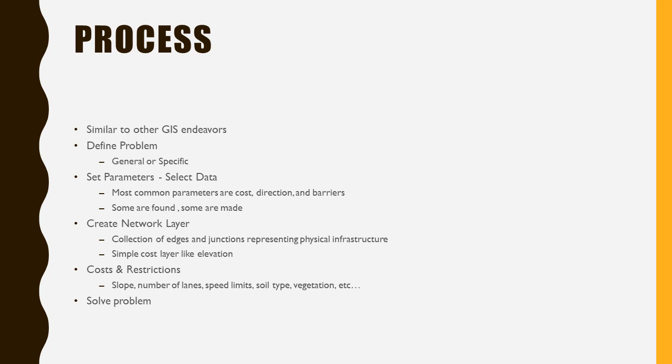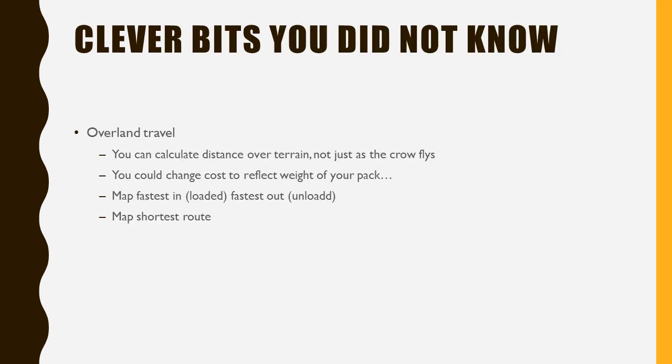So these are the kind of things that you can assign restrictions and costs traversing the area, so that when you do analysis on a network, you can then more accurately estimate the cost or the time that it's going to take to go from point A to point B relative to the changes in the surfaces that are between the two locations. Ultimately, it's all about solving the problem of how do I get from here to there, given all these other things that I'm worried about and concerned about.